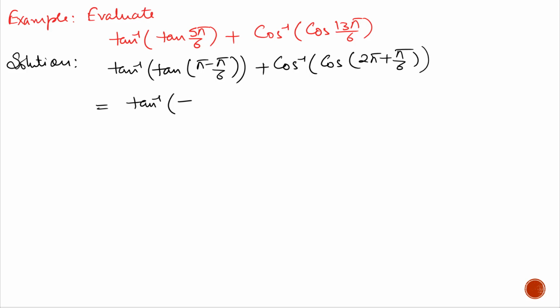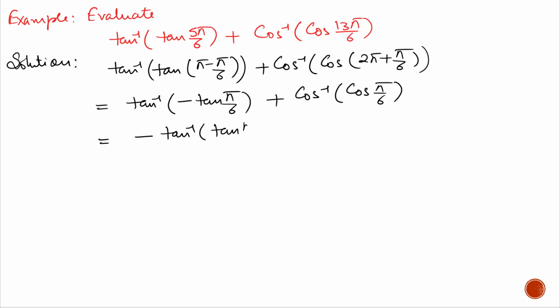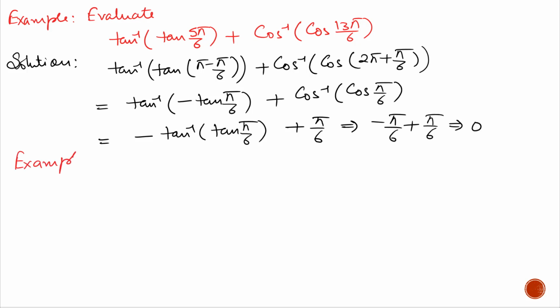And this equals tan inverse of minus tan pi by 6 plus cos inverse cos pi by 6. Tan inverse of minus x is minus tan inverse x. So the answer is minus tan inverse tan pi by 6 plus pi by 6, which equals minus pi by 6 plus pi by 6, which is equal to 0.